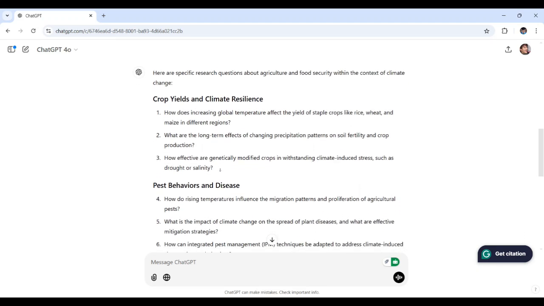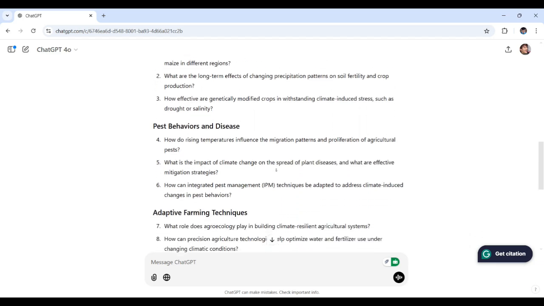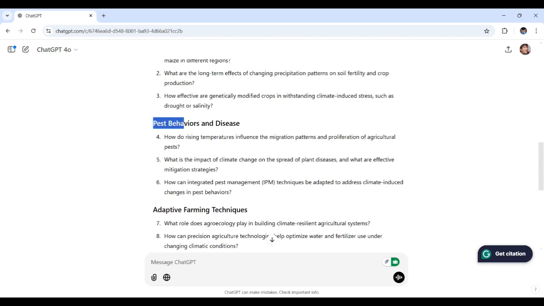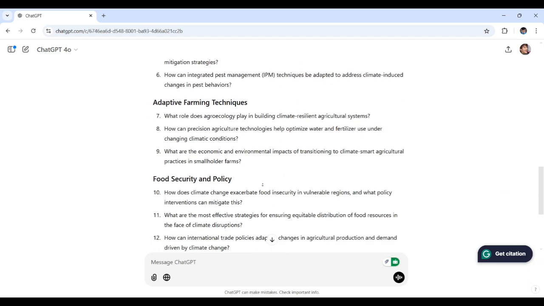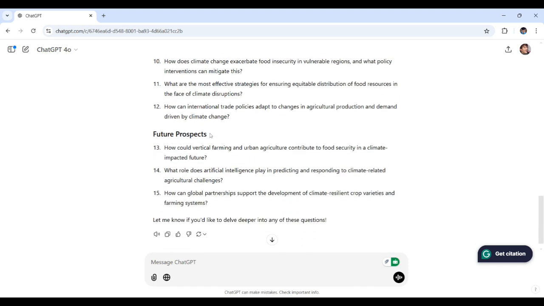There's one for crop yields and climate resilience, pest behaviors and disease. Another one with a list of questions under adaptive farming techniques. Another set of questions under food security and policy, and future prospects.